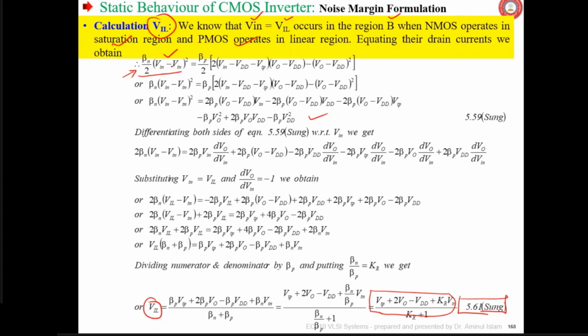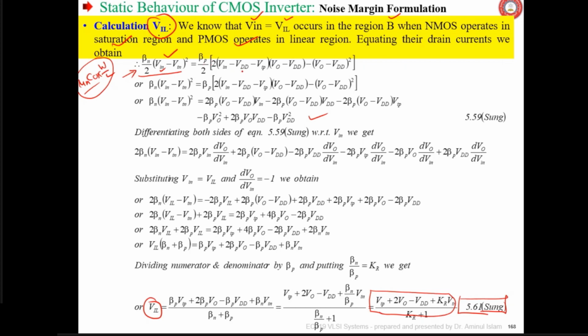This is VGS, VG. V in is VGS. And VGS minus VTN whole square. This is your mu n Cox W by L, which is called gain factor also. That is beta. Instead of writing this, beta is written.